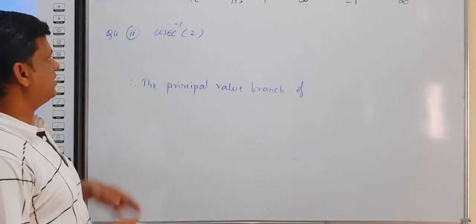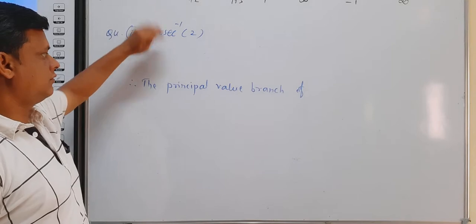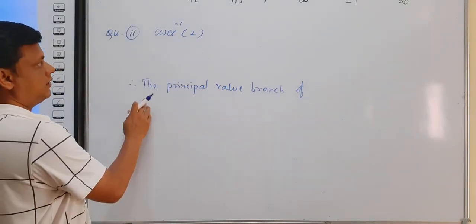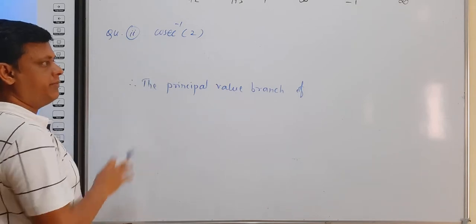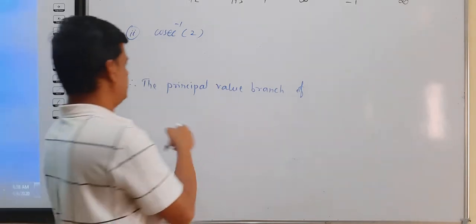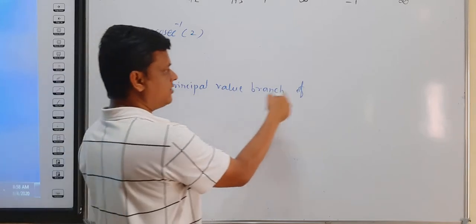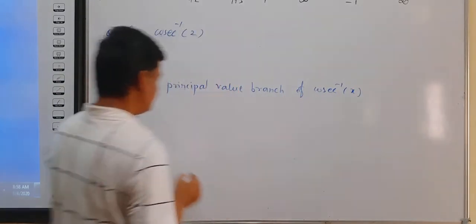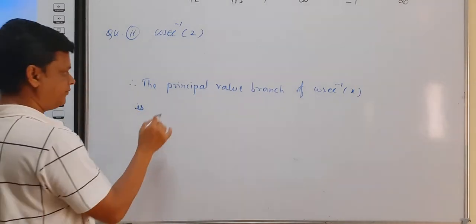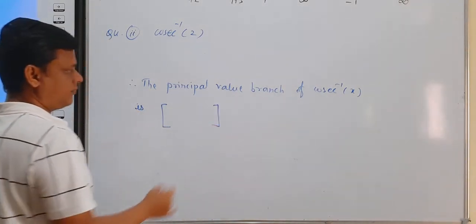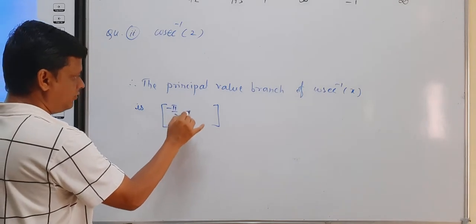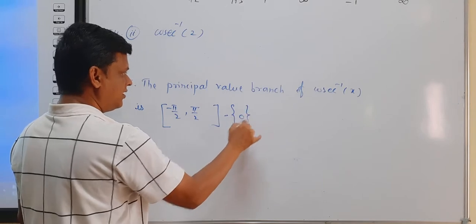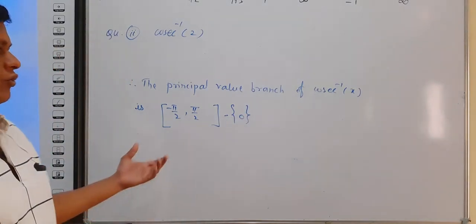Now the second example, cosec inverse of 2. We have to find the principal value. Now we first write the principal value branch of cosec inverse x. Therefore the principal value branch of cosec inverse x is minus pi by 2 to plus pi by 2 minus 0, is the principal value branch for cosec inverse x.